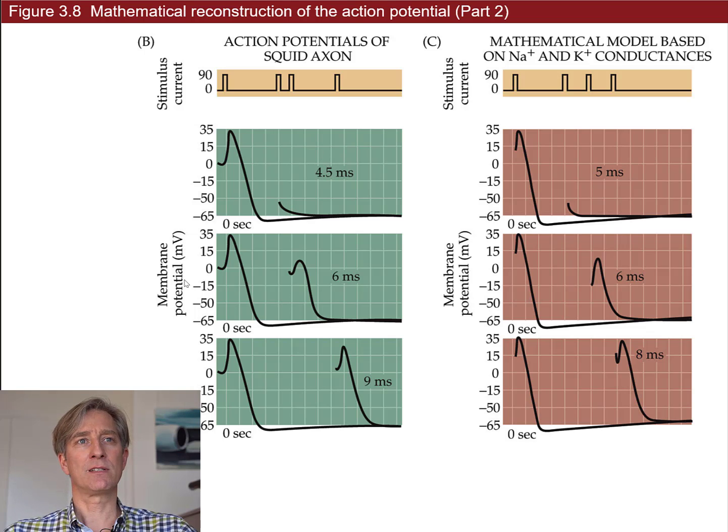And the beauty of this is that this measurement over here agrees with the simulations here on the right that we get just from those beautiful measurements of the voltage dependence and the time dependence of the sodium activation.